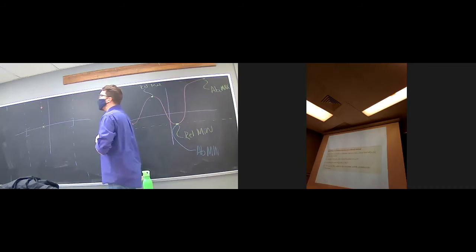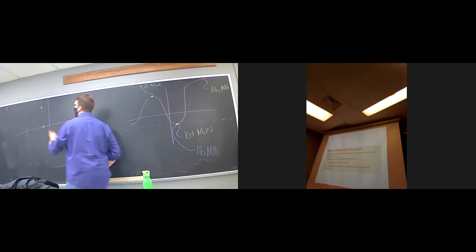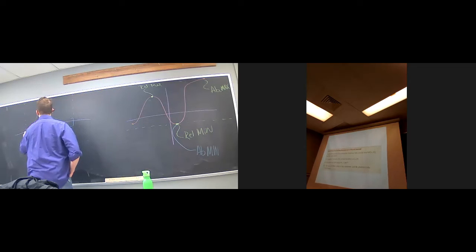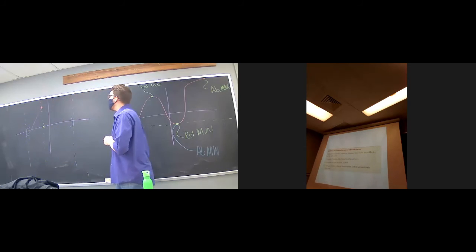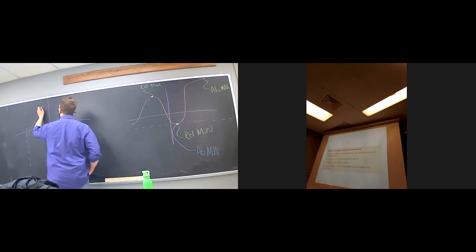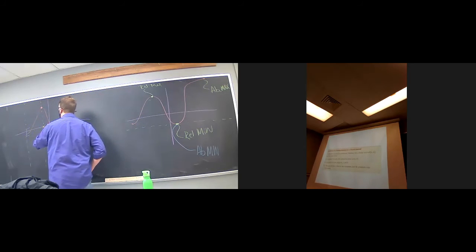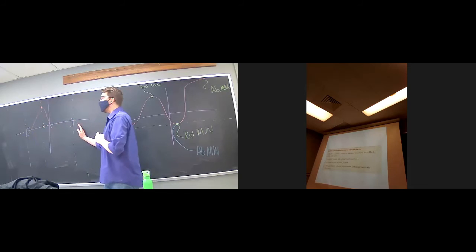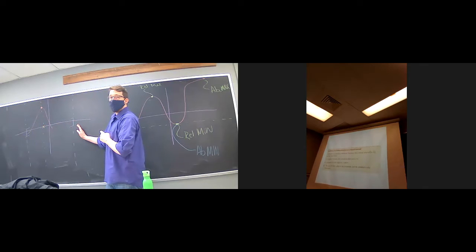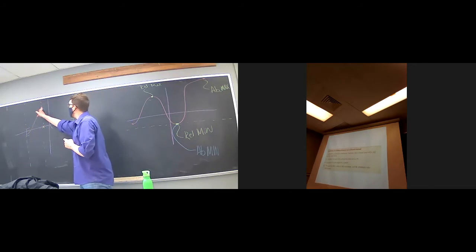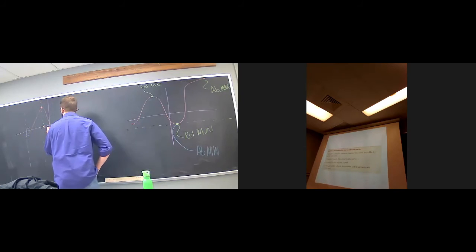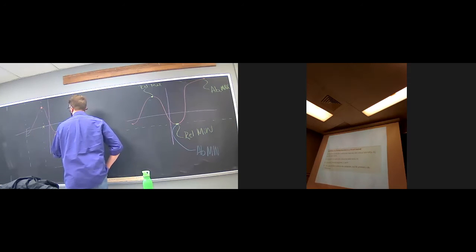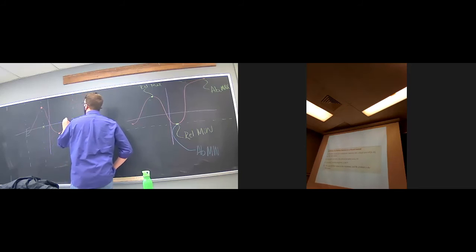Now we know moving to the left, to the right, we're going to have to decrease at least for a little while, right? So let's say moving to the left, we decrease. Now moving to the right, we're going to decrease for a little while. So the only way for this end point over here on the interval to be greater than this relative max is if we have a relative min somewhere. And we turn around, we start moving up.